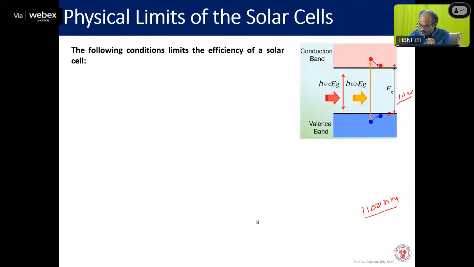Now a light which has a little more energy than this, what will it do? It will raise this electron from this point to this point, because this is also allowed.